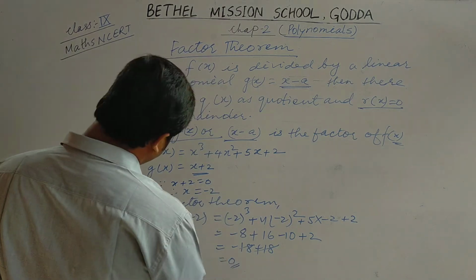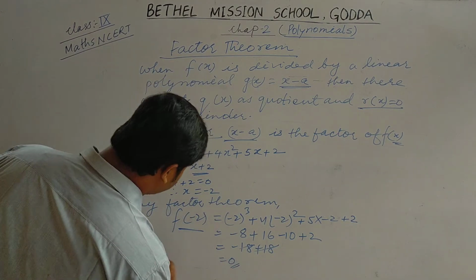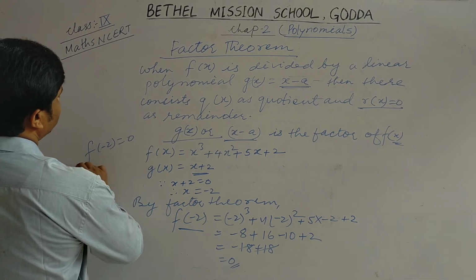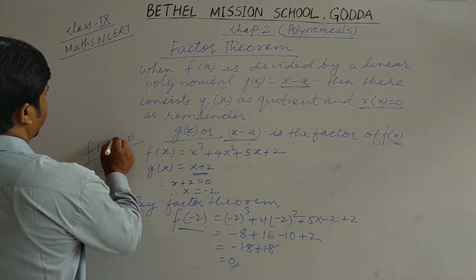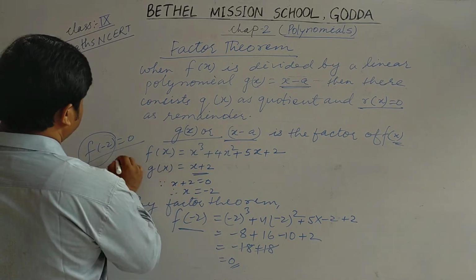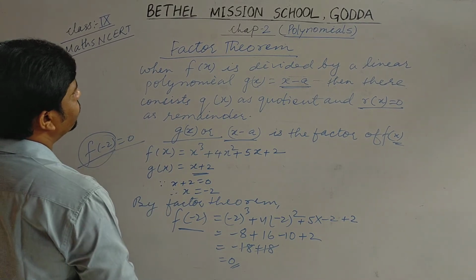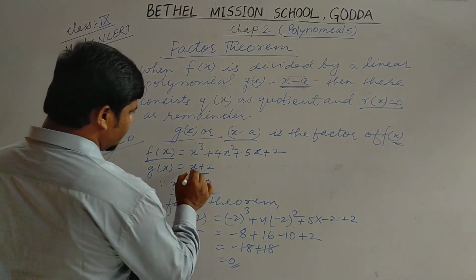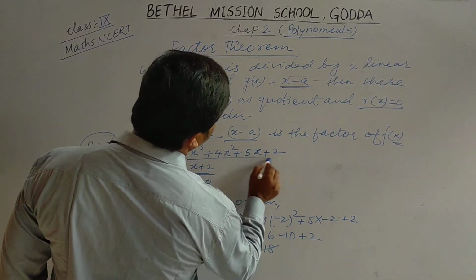So 0 came. It means f(-2) = 0. f(-2) is the remainder of f(x). It means x + 2 is a factor of f(x).